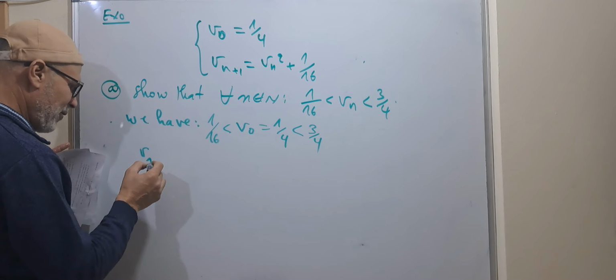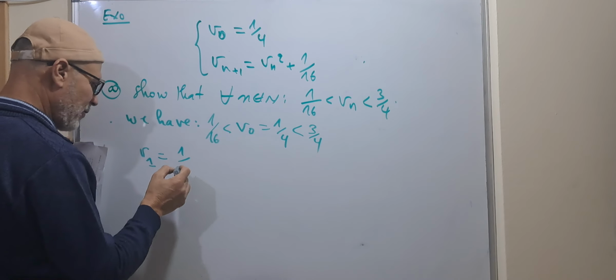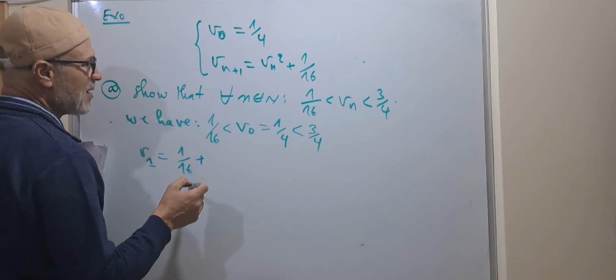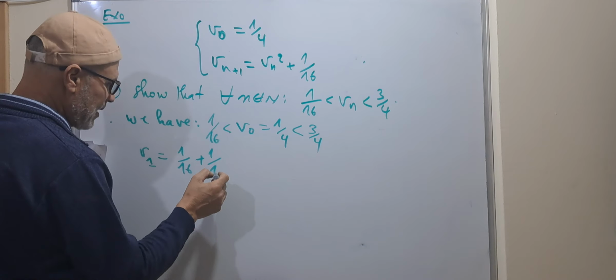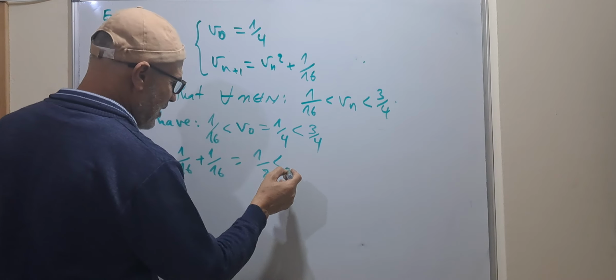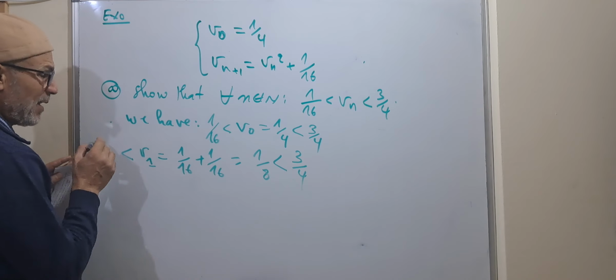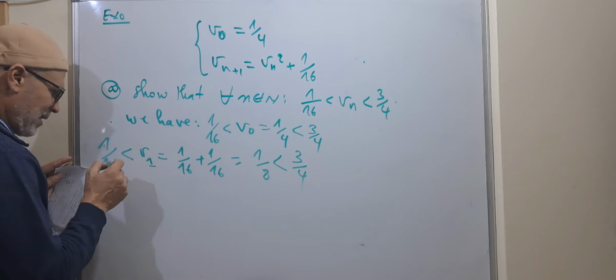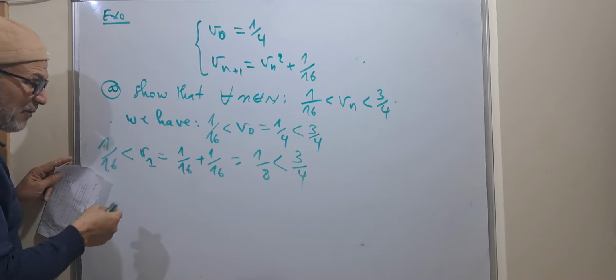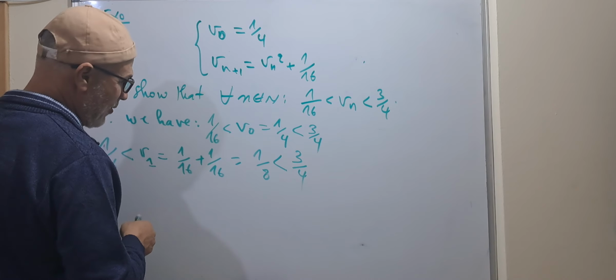V1 equal to V0 square plus 1/16. This is equal to 1/8, which is less than 3/4 and strictly greater than 1/16. So V1 verifies the strict double inequality.